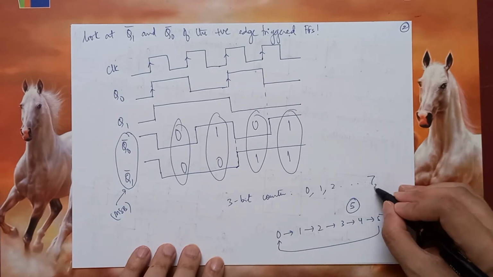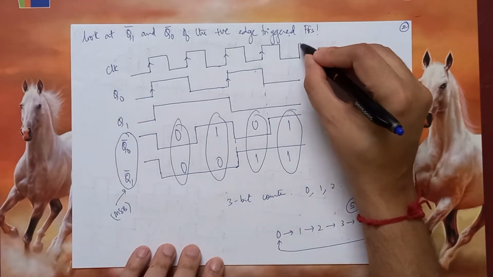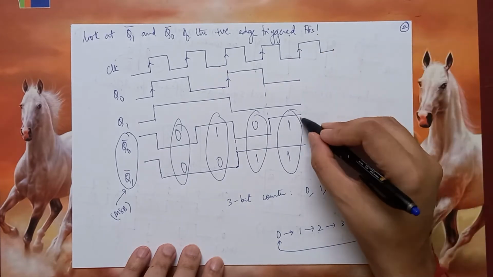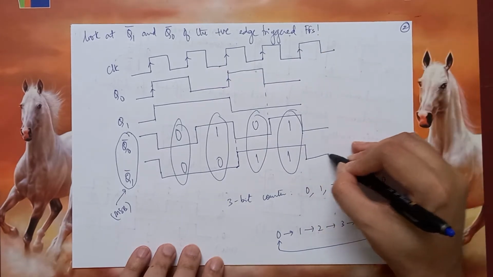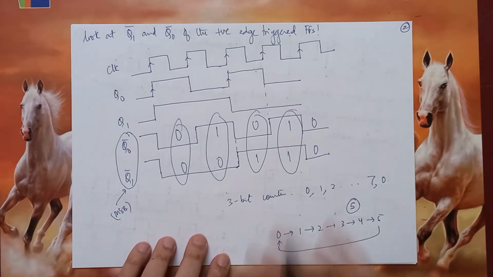Normally after 7 it becomes 0 again. Just like in this circuit, if the next clock pulse comes, both will become 0 again. So after reaching the maximum count, the next count goes to 0 because beyond the maximum count is not possible. Now suppose I want to make this circuit that counts up to 5 only.